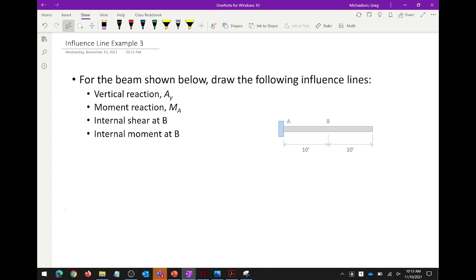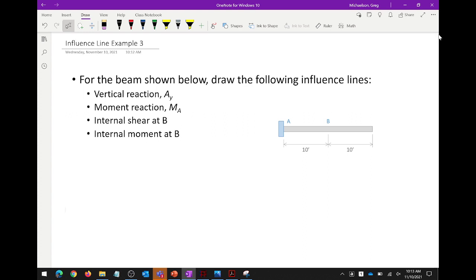All right, so we're going to draw an influence line for reactions as well as internal response at this point. Now, I'm just going to redraw the structure. This one we can sketch by hand. We don't need to be super hyper cognizant of our scale and rulers and all of that.